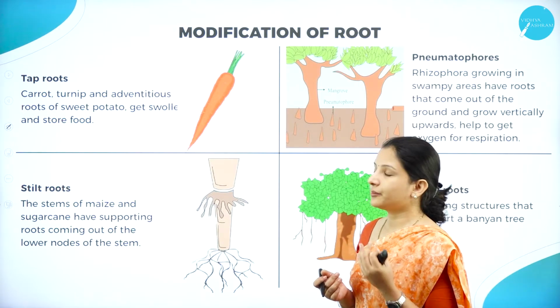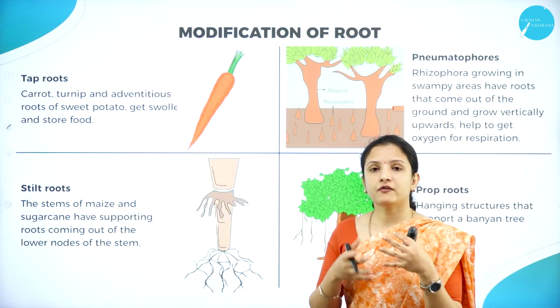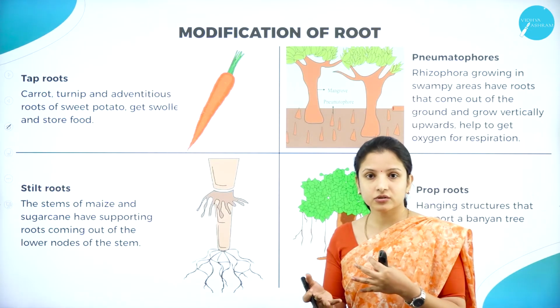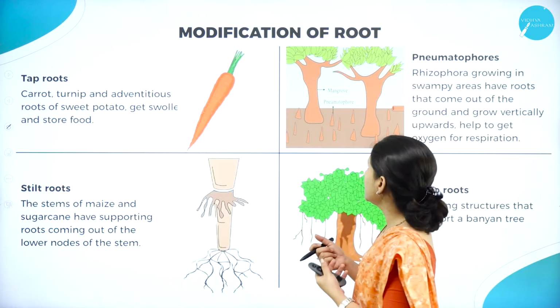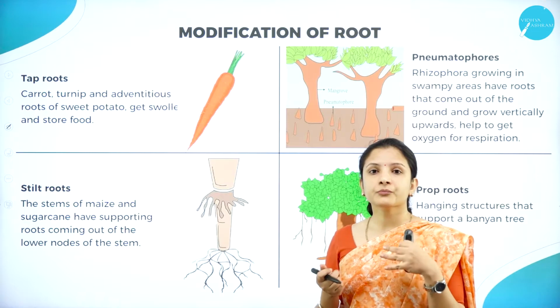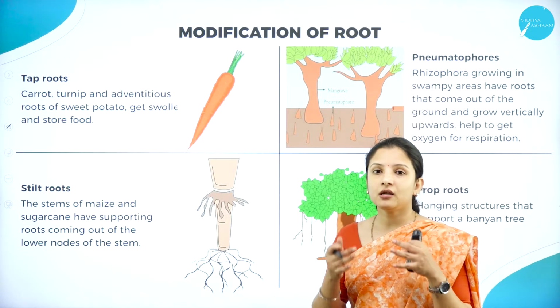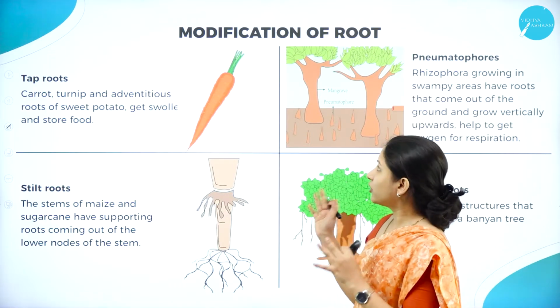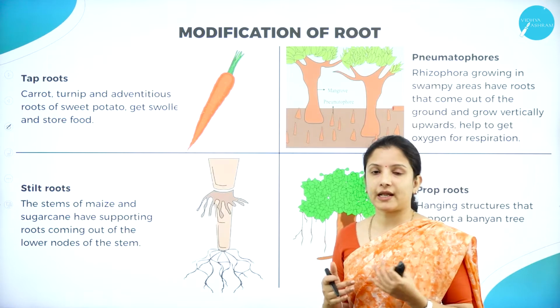For example, they may function like storage, or help in anchoring to the soil or holding the soil firmly. Some roots may also function like a reproductive structure. So we shall study the different types of modifications that are seen in different types of plant species.